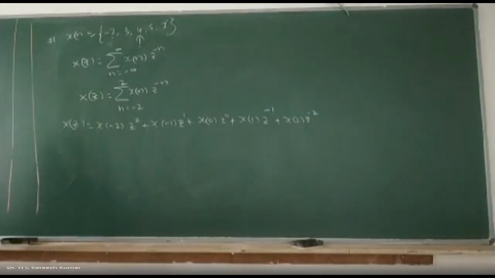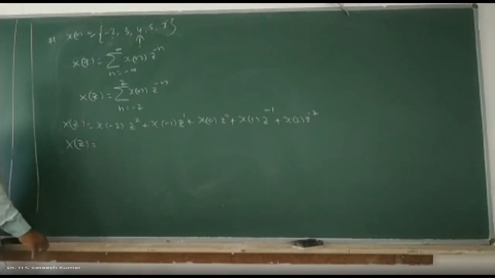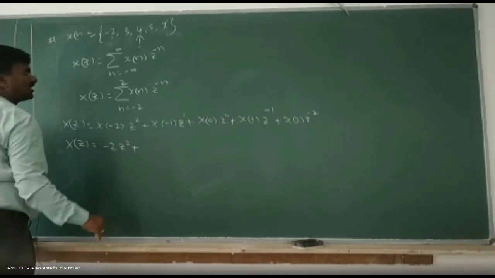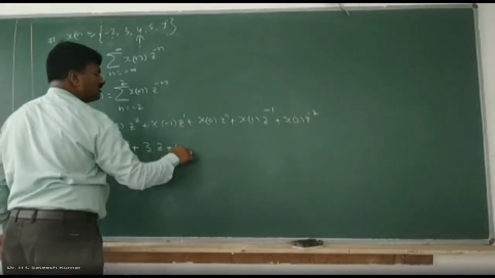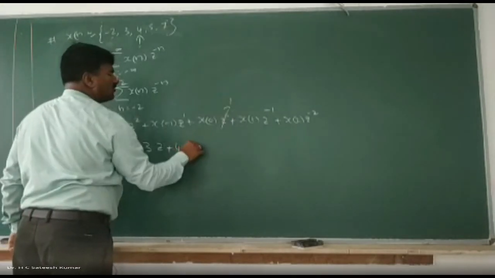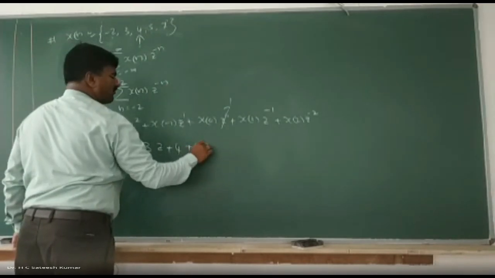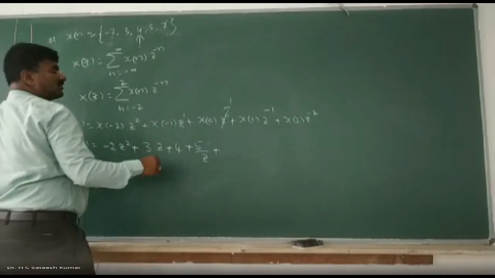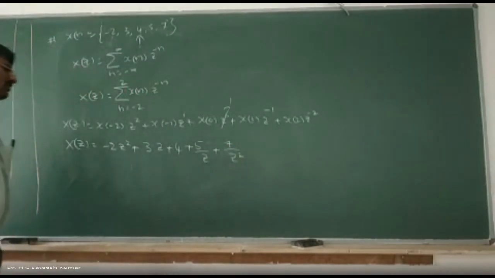So X of Z is equal to minus 2 into Z square, plus 3 into Z, plus 4 into Z to the power of 0 which is 1, plus 5 divided by Z, plus 7 divided by Z square. Will you agree with that?